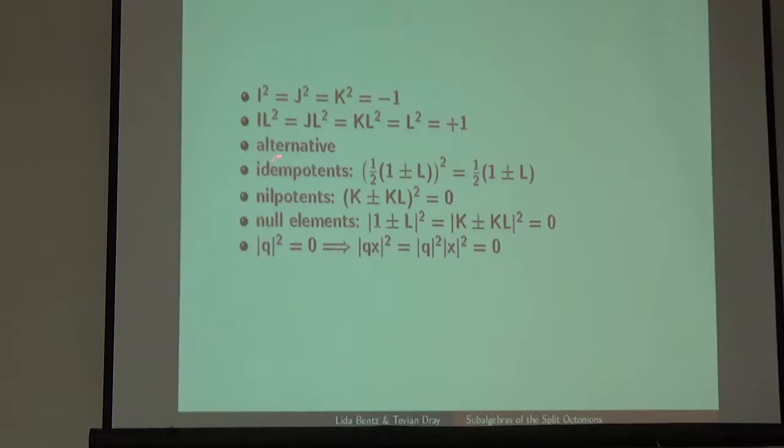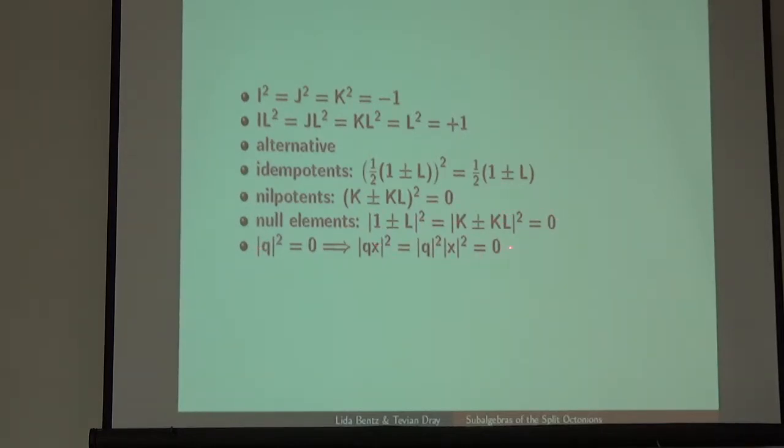It is still an alternative algebra, just like the octonions. There are idempotents. That null element I showed you, 1 plus L, squares to itself up to normalization. There are also nilpotent elements. K plus or minus KL squares to 0. So you have to deal with both idempotents and nilpotents. Both the idempotents and the nilpotents are null.